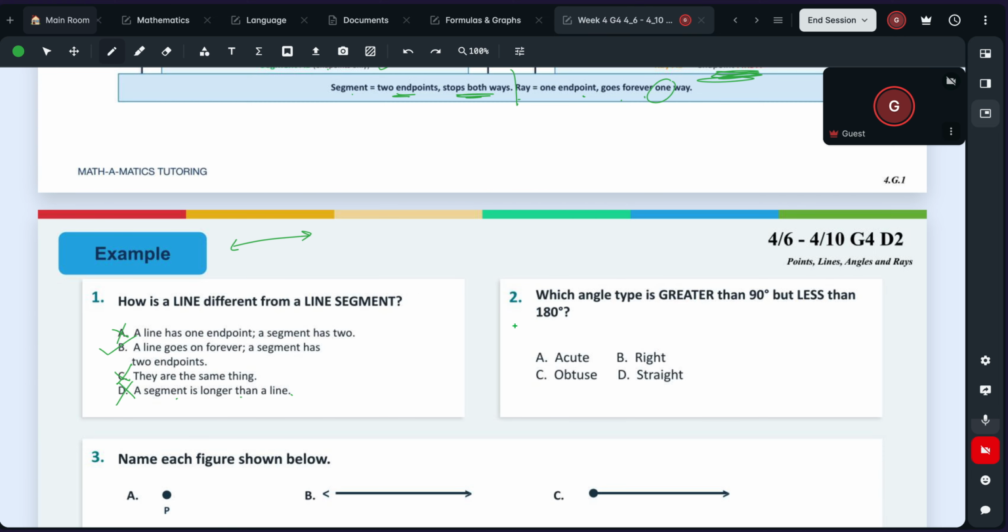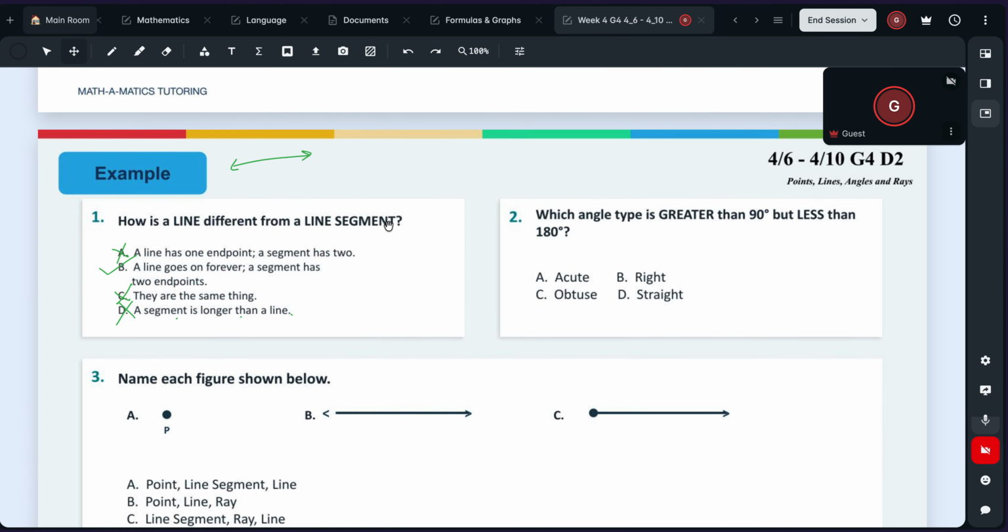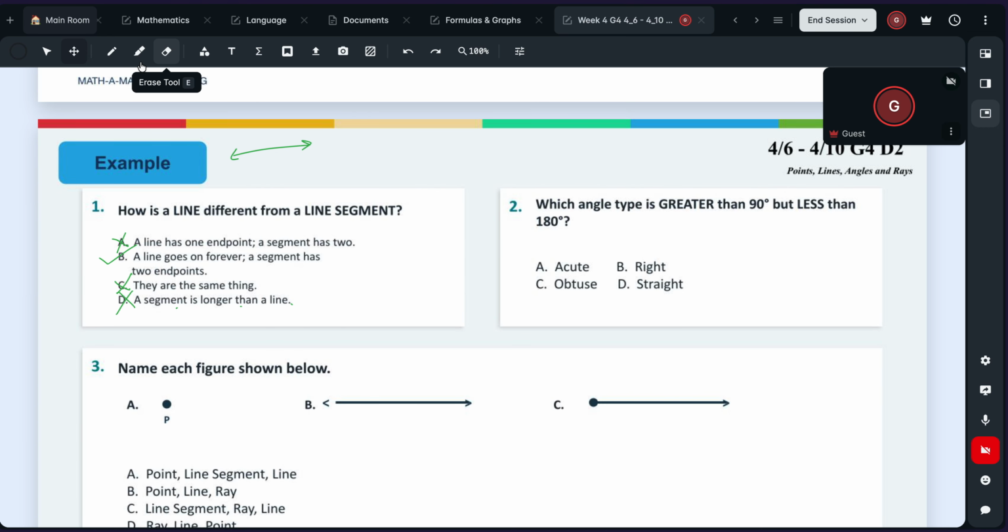Alright, the second question is regarding angles. Which angle type is greater than 90 degrees but less than 180? This is something we haven't covered in this video, but a 90-degree angle we call a right angle. If it's less than 90, we call that an acute angle, something between 0 degrees and 90 degrees.